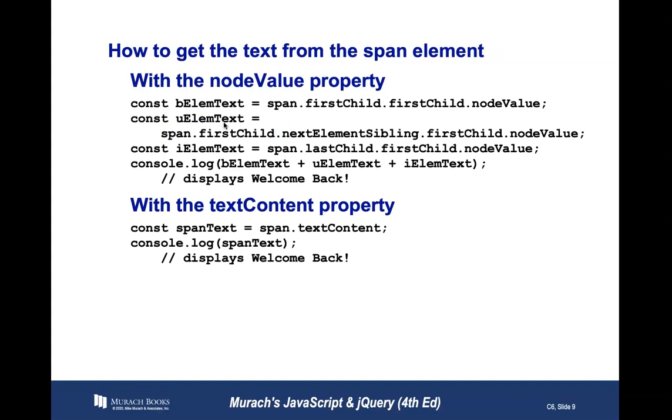It gets confusing, but if you have your console up and you're targeting that and you console.log each thing, you can kind of work through it. So when we do node value, we get welcome back. If we do span text equals span.text content and we log that, all it does is take the text content completely from it.